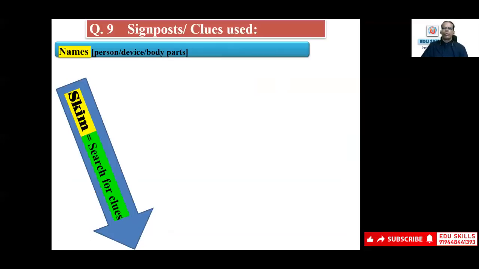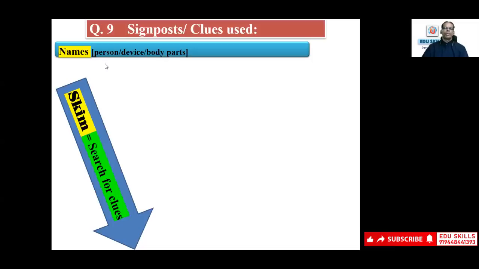Scanning means, as the word indicates, scan. When do you scan? You send a patient for scanning when you need to know the minute details about a particular condition. So scanning is reading for all the details, in depth, whereas skimming is just going through the text so that you have a general idea of the text.